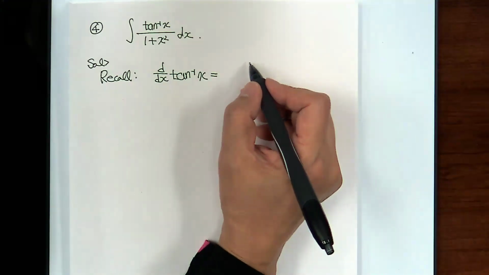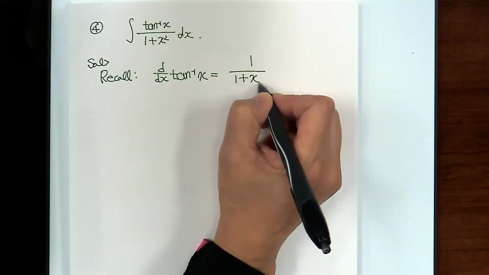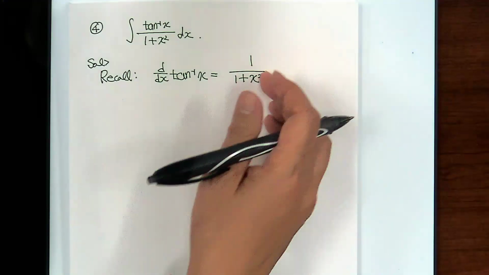So the derivative of inverse tangent is 1 over 1 plus x squared.